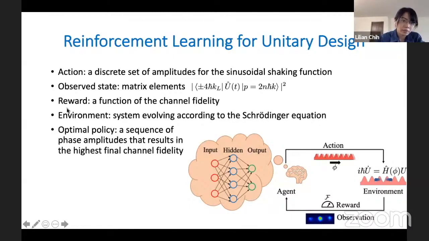The reward is defined as a function of the channel fidelity. And this is a measure of how close U is to the desired operation, in this case, the reflection operation. The environment is the quantum system, and the optimal policy is a sequence of phase amplitudes that result in the highest final channel fidelity.